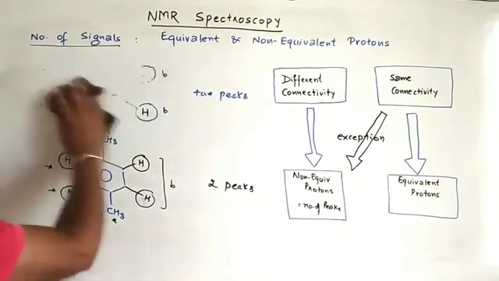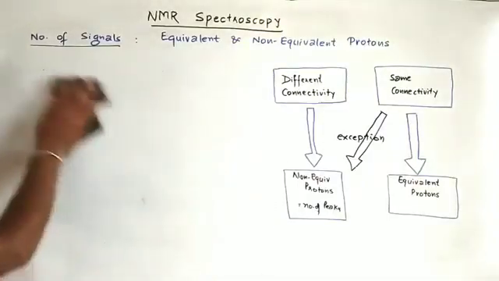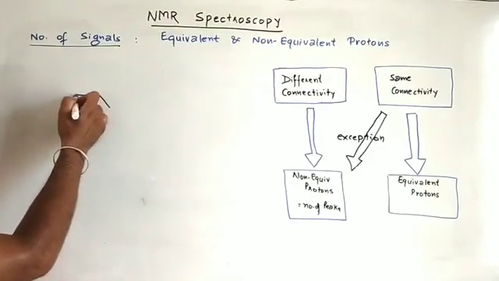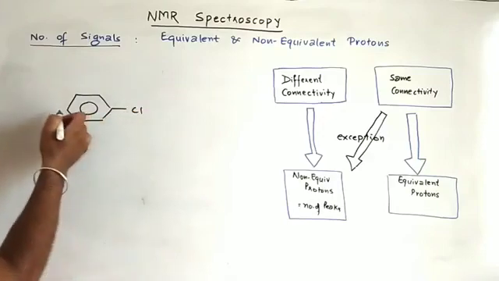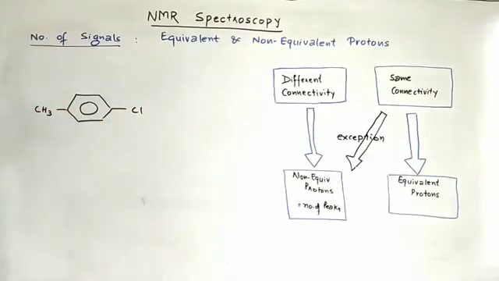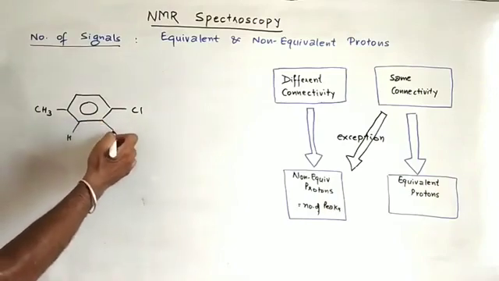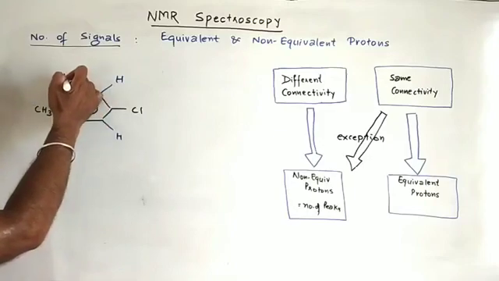Okay, next example, again benzene. If we have such type of compound, Cl here, methyl here. How many types of protons are there? So you can see here is also a proton, here is also a proton, here is a proton, and here is a proton.